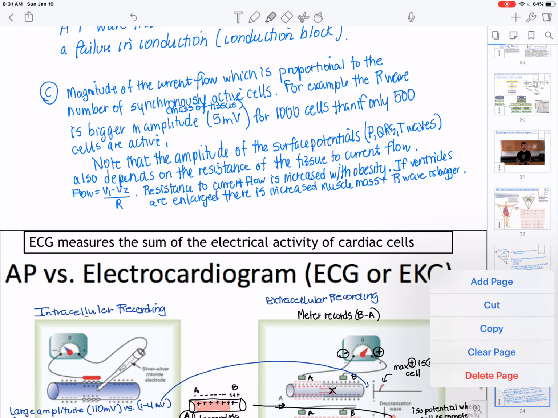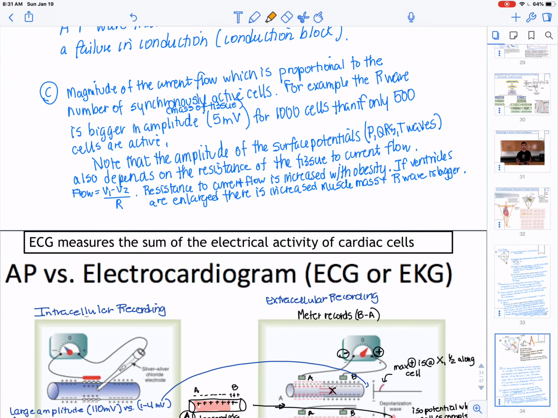For example, if the R wave is really big for 1,000 cells, and I'm just giving you an example that is not necessarily realistic, if only 500 cells were active during that time, the amplitude of that R wave would be smaller, and that might be clinically significant because it would tell you that some of the ventricle cells are not participating in the electrical event, and maybe there has been cell death or there are other things.